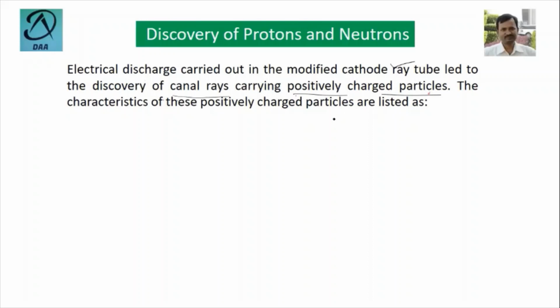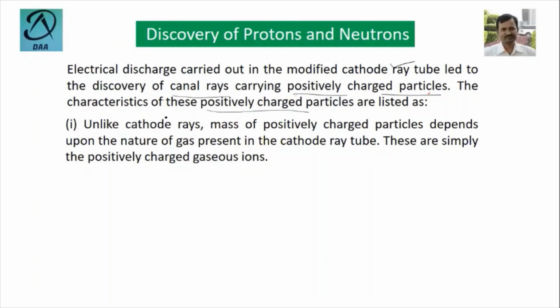You can find this in class 11. So in this class 12, we are describing the protons and neutrons. These positively charged particles, unlike cathode rays, that means the electrons, were found later.